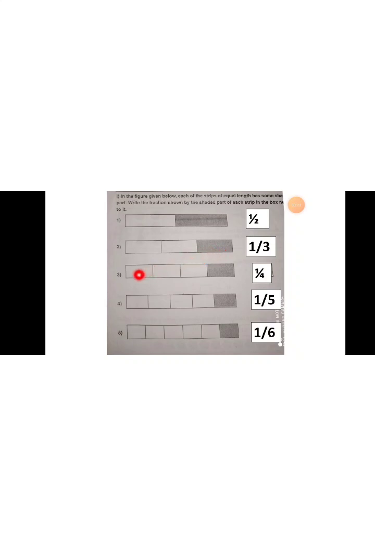The more number of parts, each piece becomes smaller and smaller. So here in the fraction you can see, here it is only 2 pieces, here it is 3 pieces, here it is 4 pieces, here 5 and here 6. So the more number of pieces, your fraction becomes smaller, smaller and smaller.